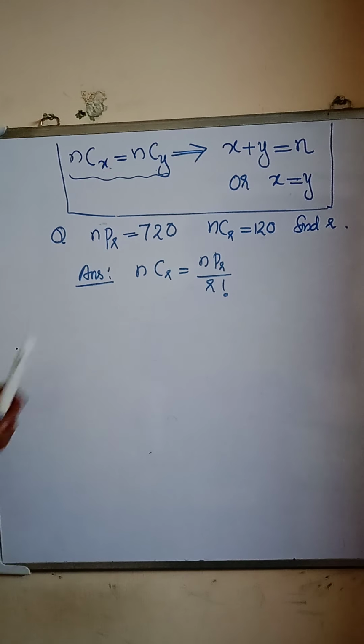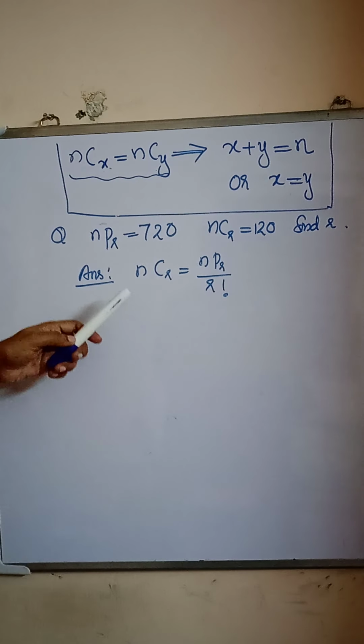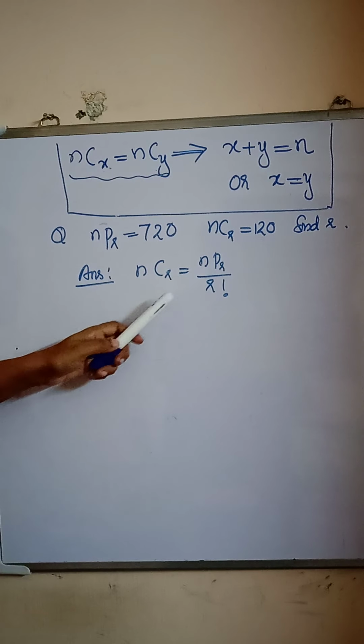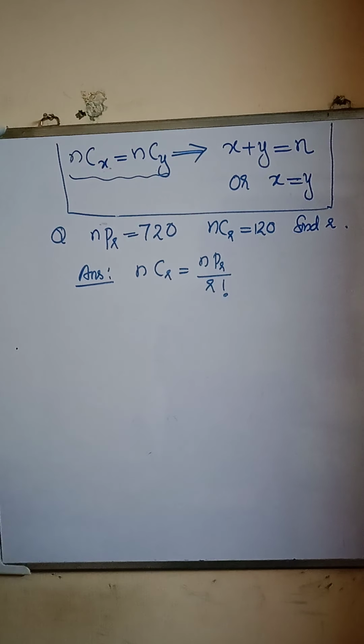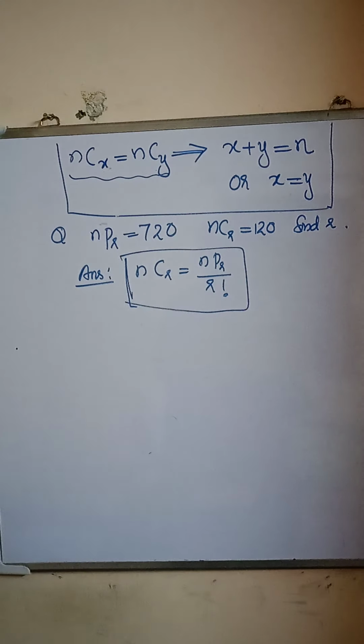Next problem: nPr is equal to 720 and nCr is equal to 120. Find r. We know the relation between combination and permutation: nCr is equal to nPr divided by r factorial.